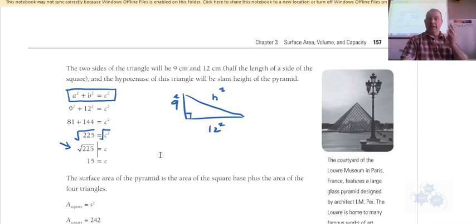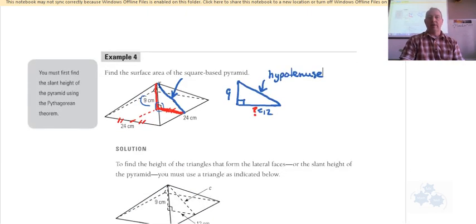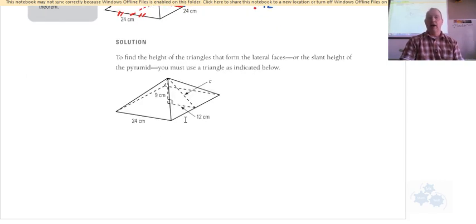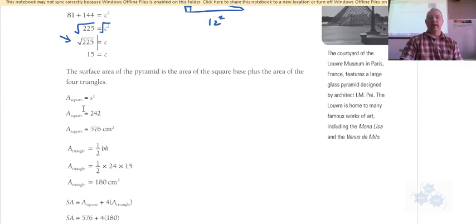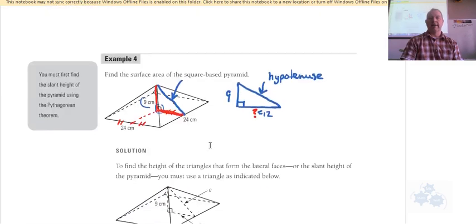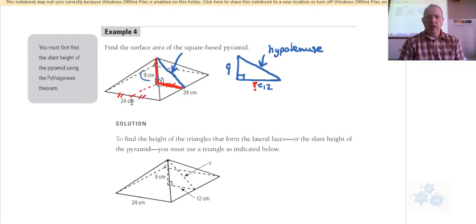So now listen, we're not done. We're not done because if we go back to the example here, right, what we found is just the slant height now. So now we have to find surface area. Okay, now we have to find surface area. So once we have that value, we find the area of the bottom, right, which is, let's just go back here, 24 times 24.